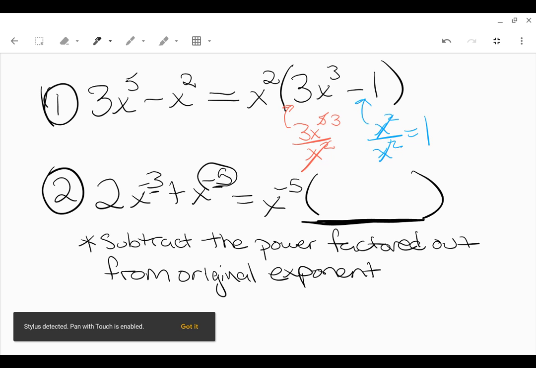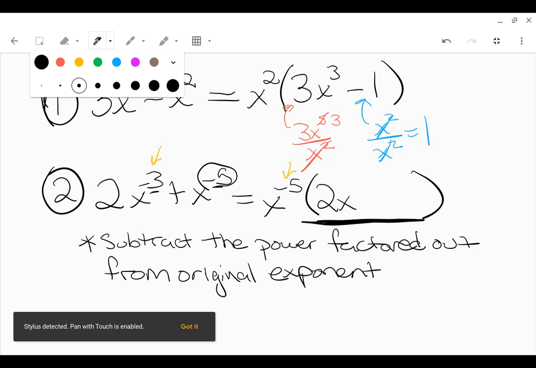So in this case, from where I am here, I need a pointer. Let's get a lighter color. We had x to the negative 3. You factored out x to the negative 5. So the remaining power, there's the 2 here, x to the, let's see, so the remaining power will be the negative 3 that we had there originally minus negative 5.